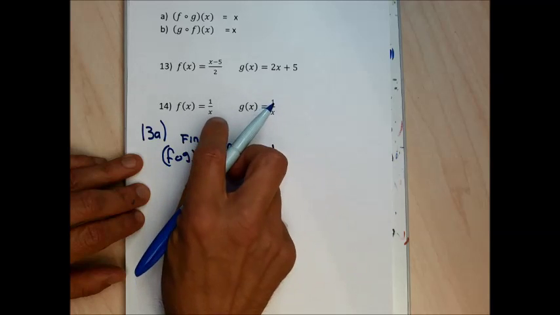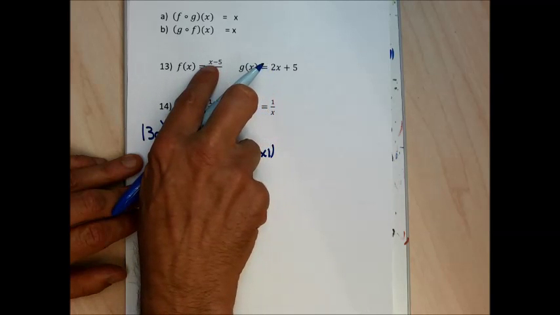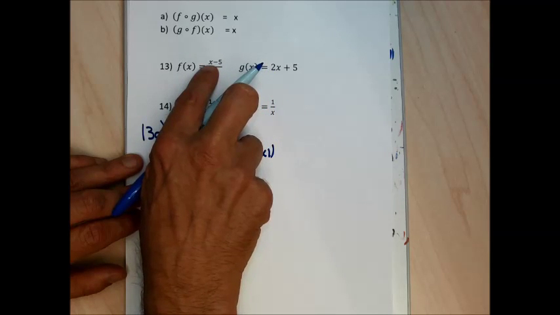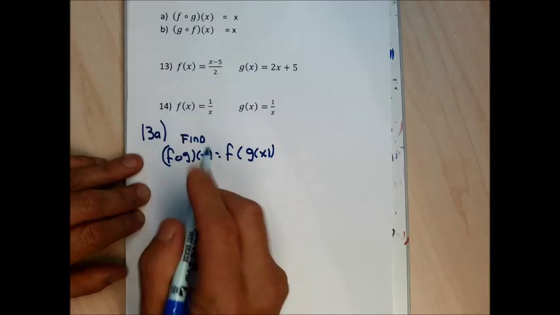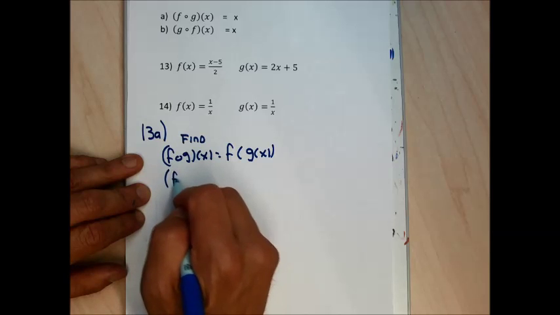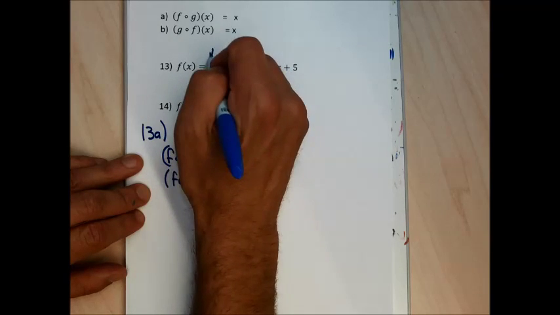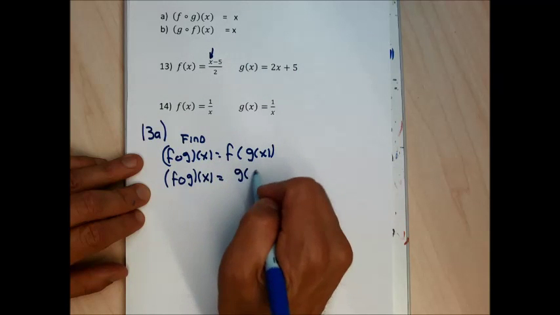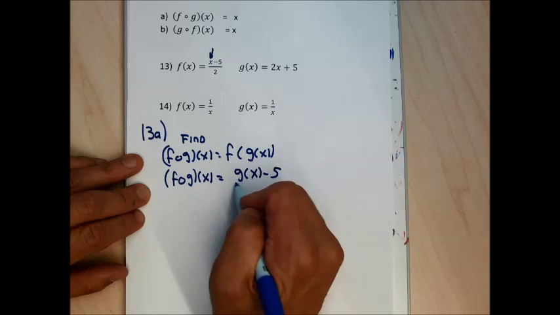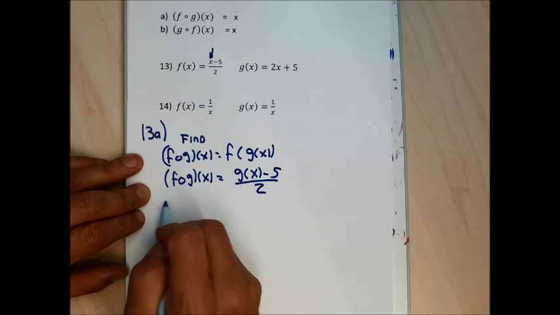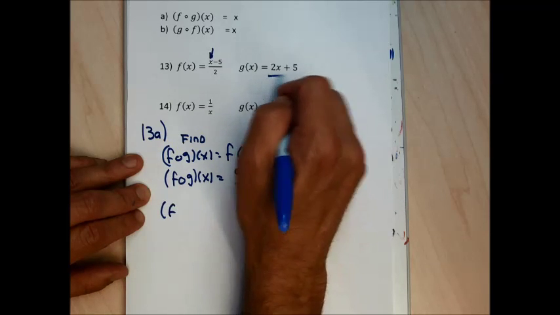So in the f function, I'm going to change that x to a g of x. It doesn't really need to go in another parentheses because that x doesn't have a multiplication or an exponent or a minus in front of it. So I'm going to write f composed with g of x. I'm going to change that x to a g of x. So it's going to be g of x minus 5 over 2. And now I'm going to replace the g of x with 2x plus 5.